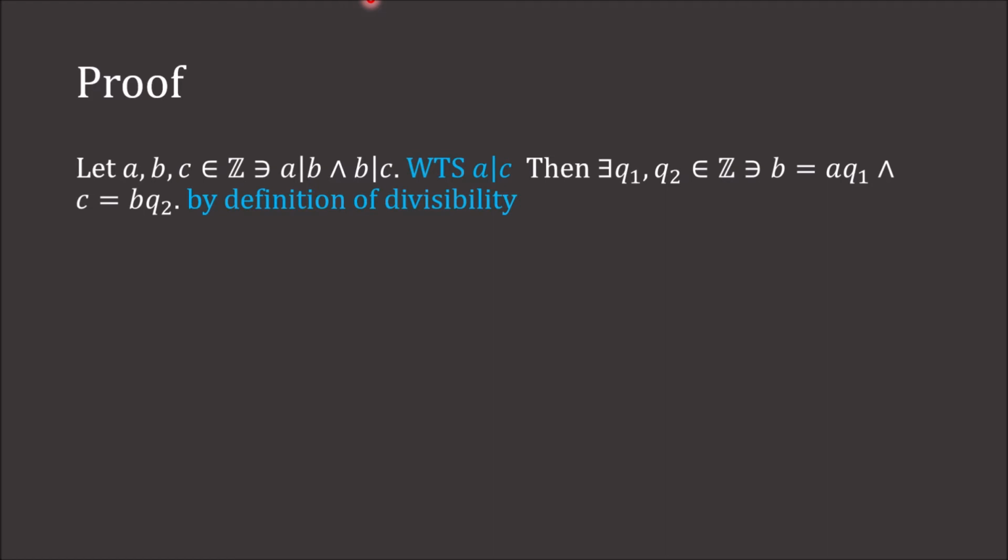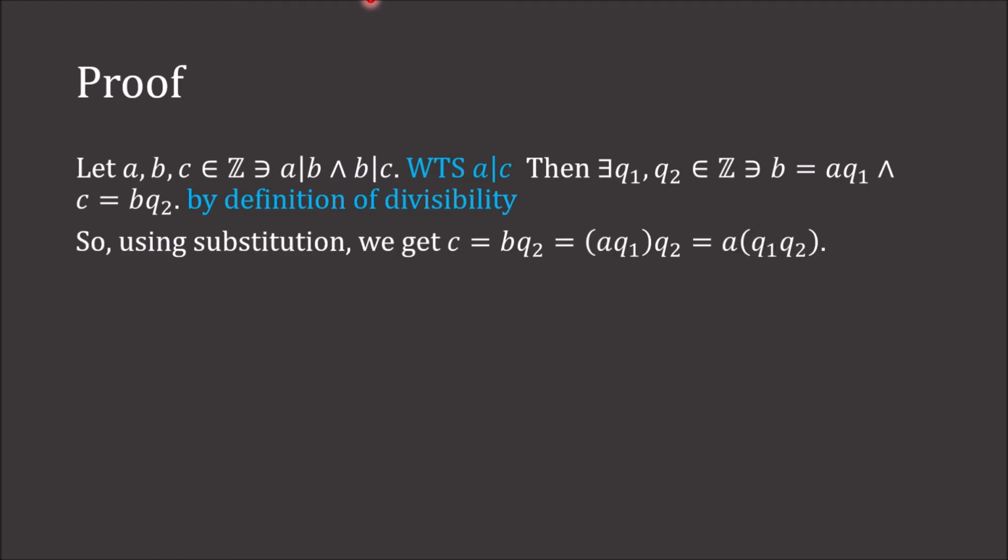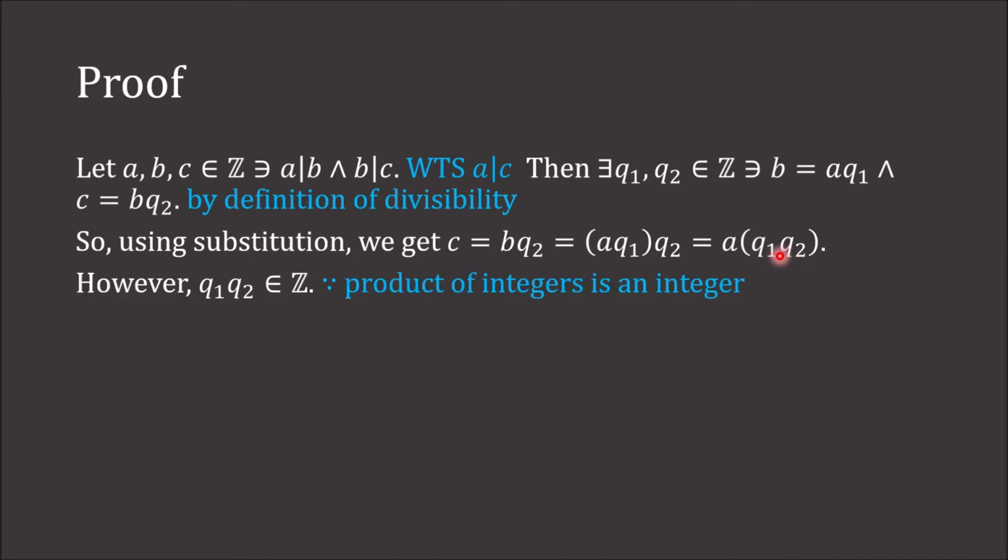So if we use substitution, we'll get c, which is b q2, but b is a q1, so we get a q1 times q2. And we can use the associativity property of multiplication of real numbers to write it as a times q1 q2. However, this is an integer because it is the product of integers.